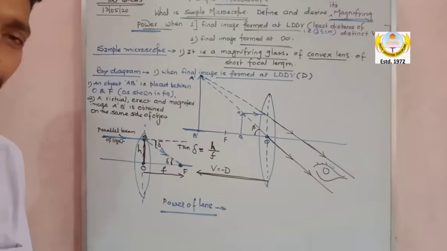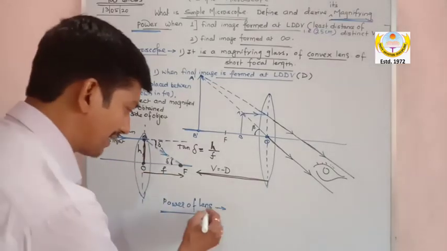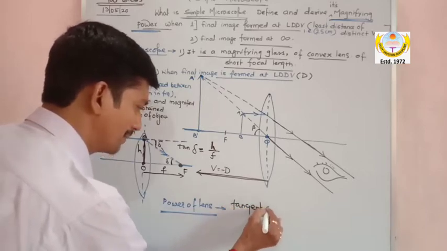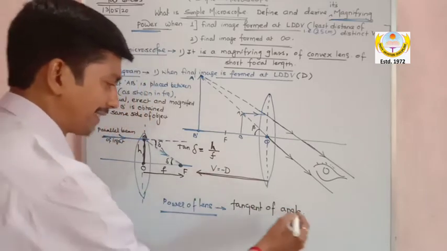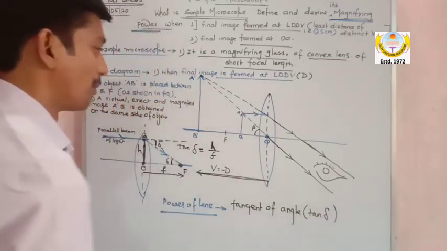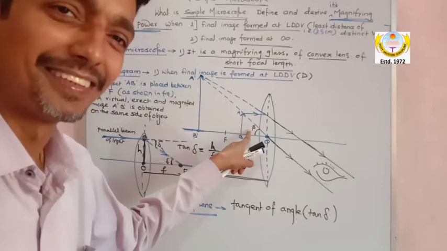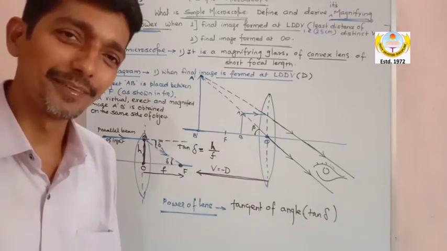Try to understand, my dear. Here we define that power of lens is the tangent of angle, and it is denoted by tan of delta. So what's wrong if I denote here tangent of beta, magnifying power for image? What's wrong?